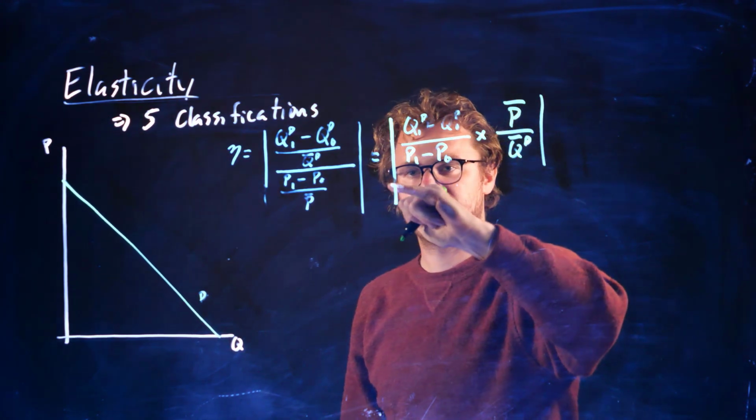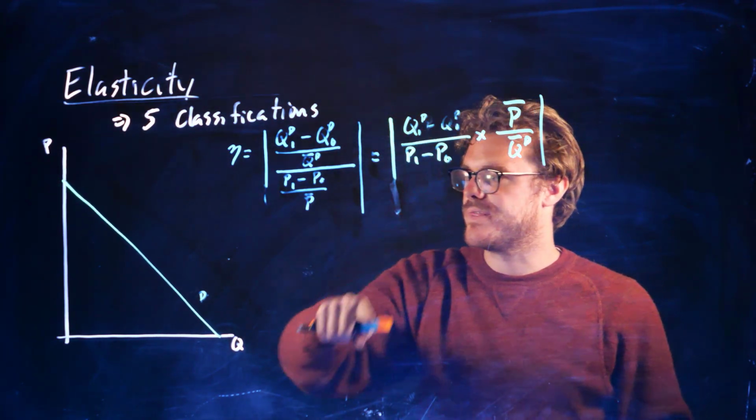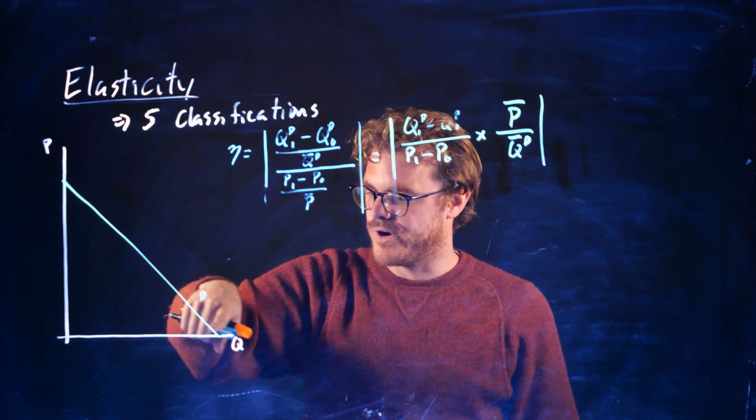These are mathematically the same. And this is going to be useful for thinking about what's happening as we start at the top here and move our way down the curve.